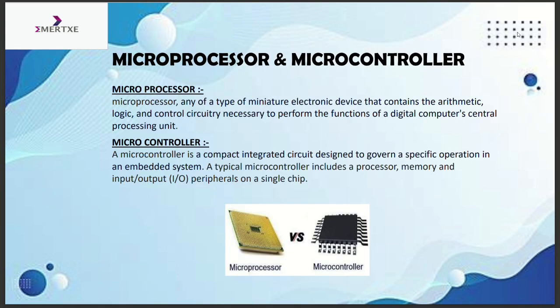That's all for C, and now we want to discuss microprocessor and microcontroller. First, the microprocessor. A microprocessor is a miniature electronic device that contains the arithmetic and logical control circuitry necessary to perform the functions of a digital computer's central processing unit, like a CPU. For digital computers, we use microprocessors.